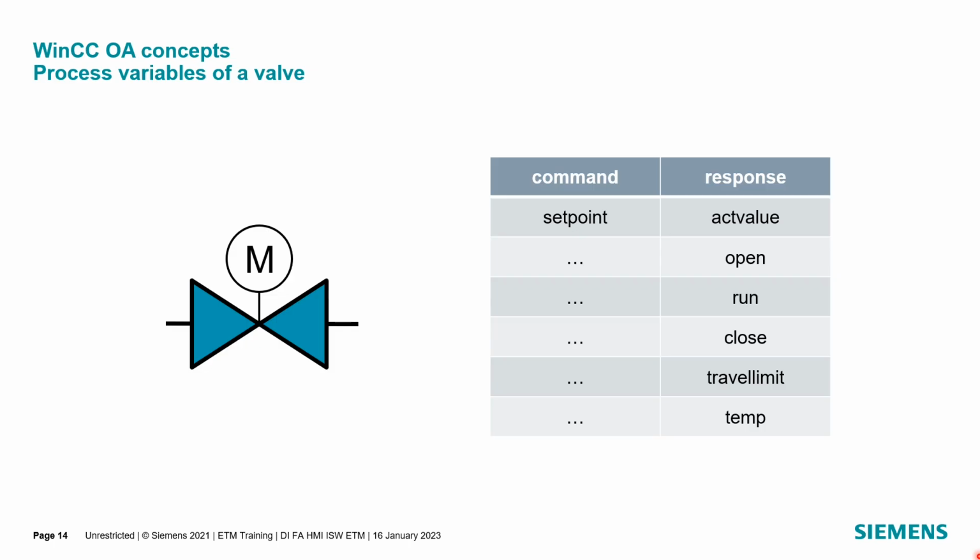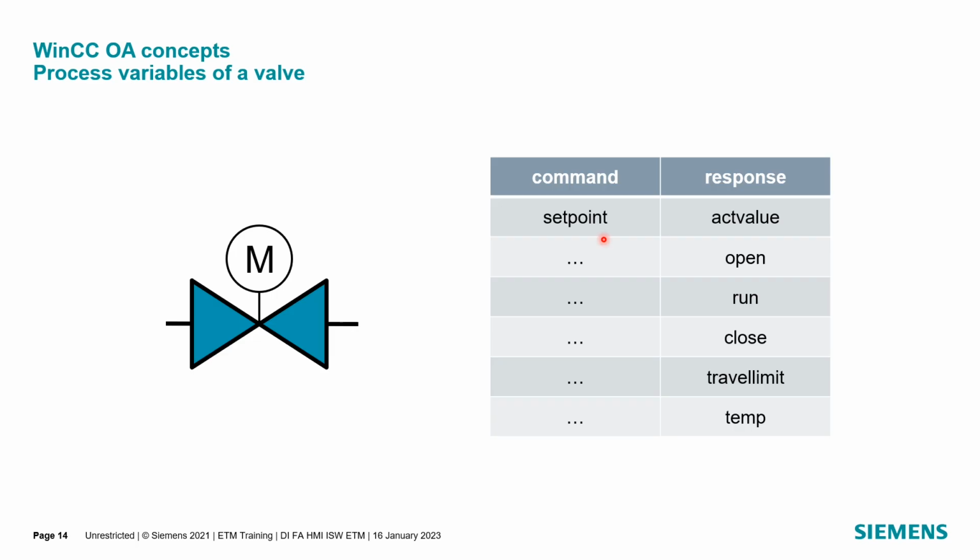If we think about a motor-driven valve, we can structure it into a command branch and a response branch. If we want to send some data to the motor-driven valve, that can be done on a set point. So we give our wish to the set point data point.